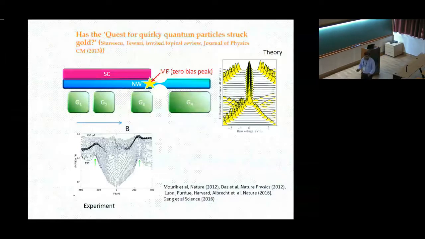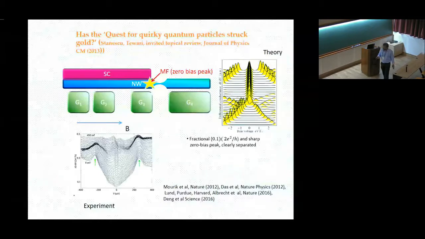That's important, because zero bias peaks you can get in superconductors, but those are normally not robust to magnetic fields. If it's a Majorana zero mode, then it's going to be robust to magnetic field, which is what they get for a fair range of the magnetic field. There are other issues with this experiment, for instance, the gap does not collapse and so on, but I'm not going to talk about those. Basically, this is where the field was until then.